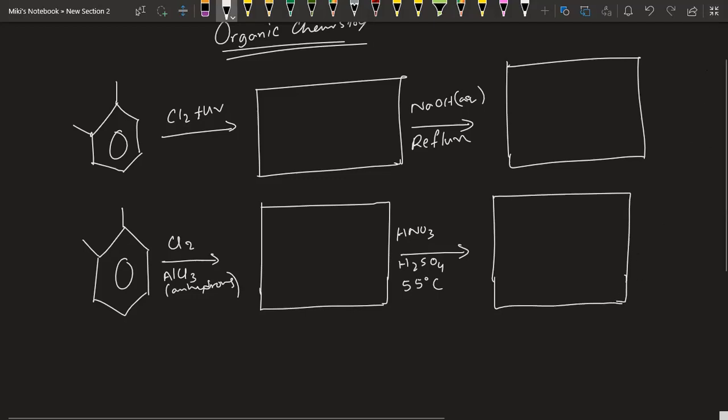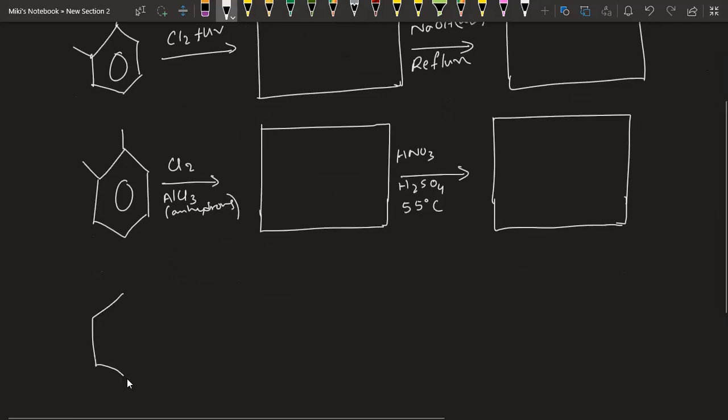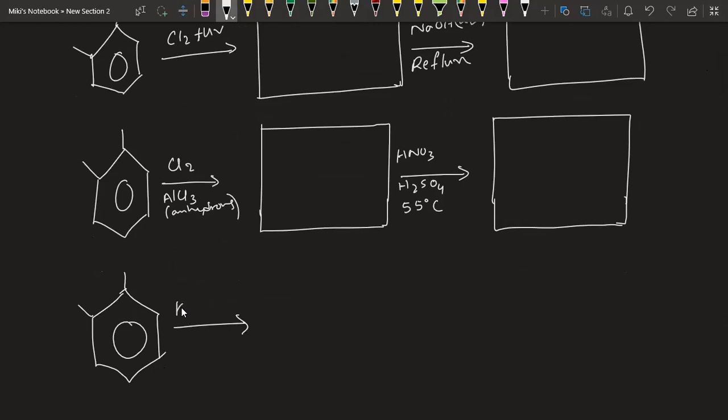Finally, we have the same initial starting molecule, and the conditions given in this case are KMnO4, with OH minus and heat, then H plus.